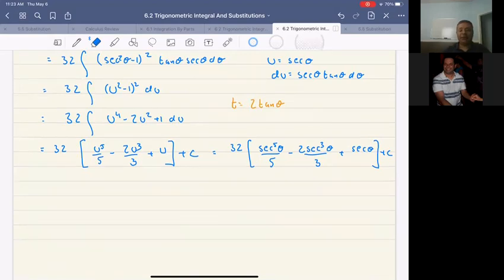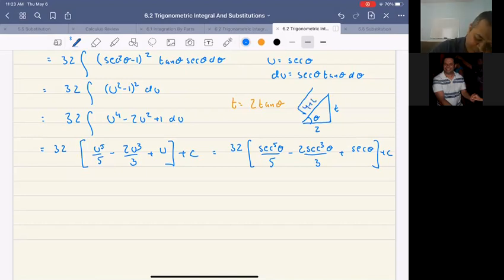Okay, so now if t equals 2 tan theta, that means we have this triangle. Theta's here, t is opposite, 2 is adjacent, and then here we have the square root of 4 plus t squared.